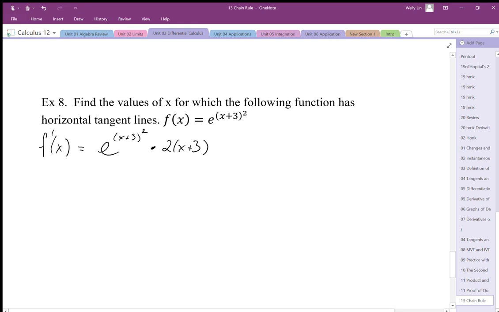And then if I want to know where this function has horizontal tangent lines, I'm going to find where this derivative is equal to 0. So I know that's 2x plus 3 times e to the x plus 3 squared. Well, I know that this part has no solution.